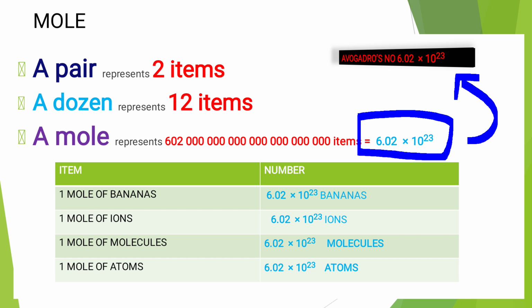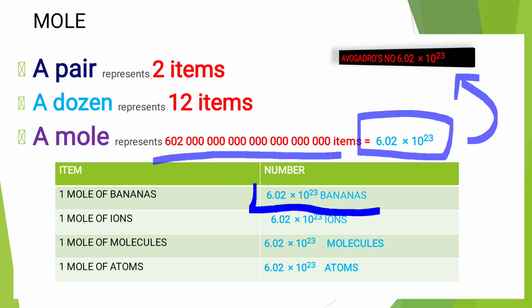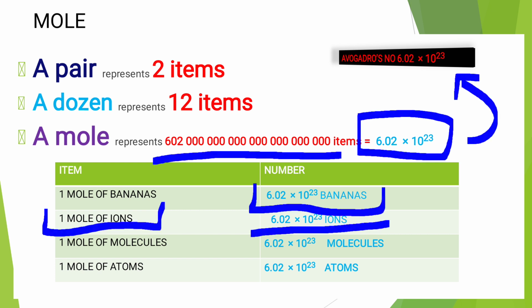What is 1 mole? If you were to take 1 mole of bananas, then it means that you have 6 or 2 exillion bananas, which can be written in standard form as 6.02 times 10 to the power 23 bananas. 1 mole of ions would mean that you have 6.02 times 10 to the power 23 ions. 1 mole of molecules would mean that we have 6.02 times 10 to the power 23 molecules.